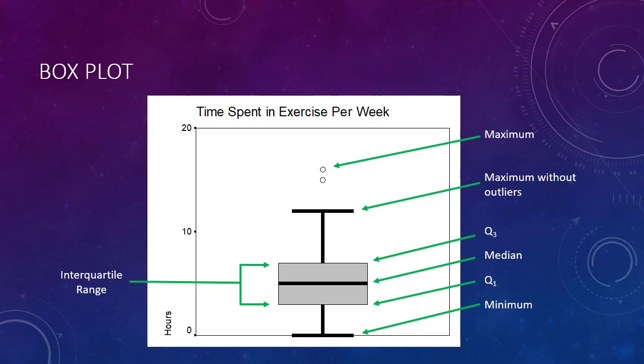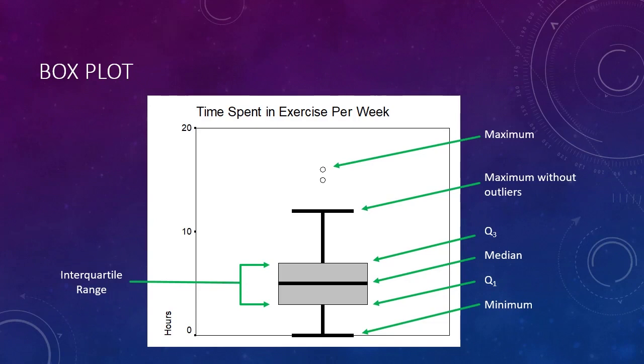This one graph conveys a good bit of information about the responses individuals provided regarding the time they spend in exercise each week. In the main, the range is from 0 to about, say, 12 hours, with a couple of outliers spending quite a bit more time exercising. The middle 50% of the distribution spends between about 3 and 7 hours per week exercising.